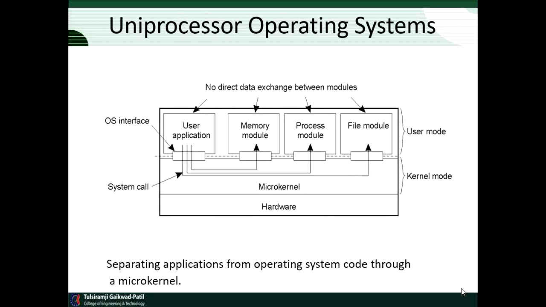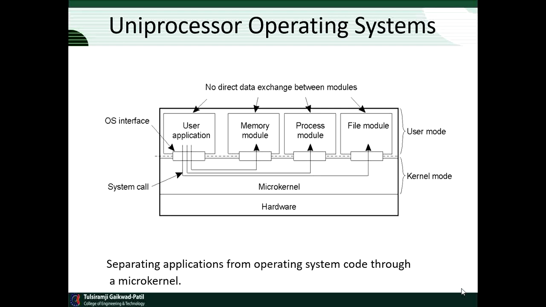Here we will see the uniprocessor operating system. In this diagram, applications are separated from operating system code through a microkernel. Here you can see that the user application is there, and the memory module, process module, and file module are connected to the user applications, and there is a microkernel, then the hardware.